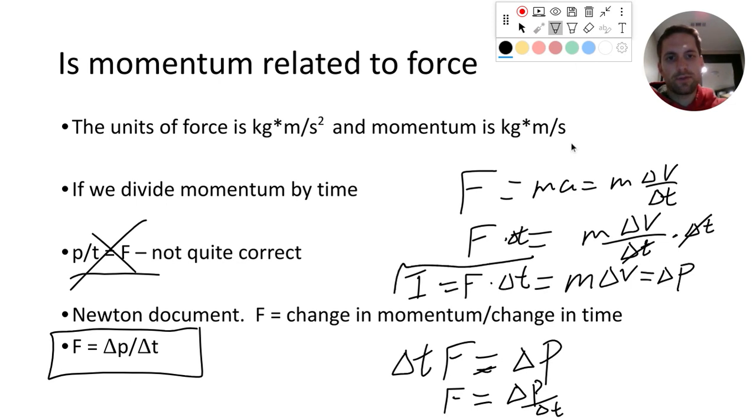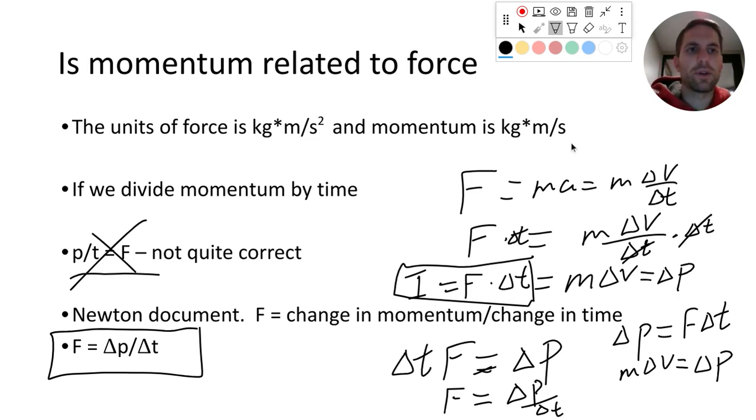I equals F times change in t, or change in p equals F times change in t, or breaking up what this is, m times change in v equals change in p. There's a lot of different ways to write this, but you get the idea.